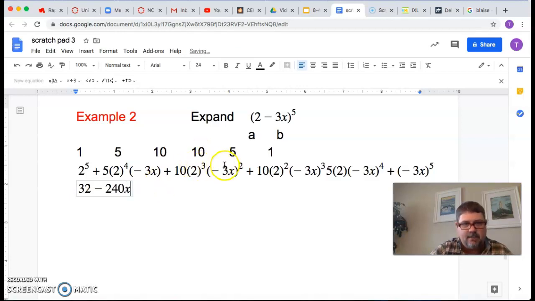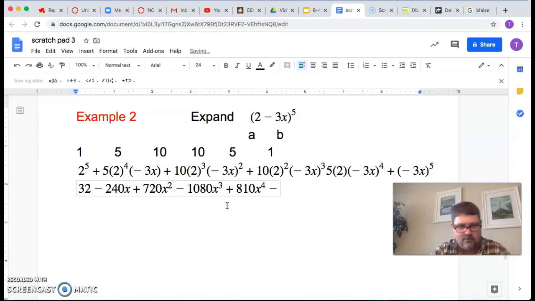This next one's going to be a positive because I'm squaring that negative 3x, plus 720x to the 2, and then we get negative 1080x to the 3, plus 810x to the 4th, and finally minus 243x to the 5th.